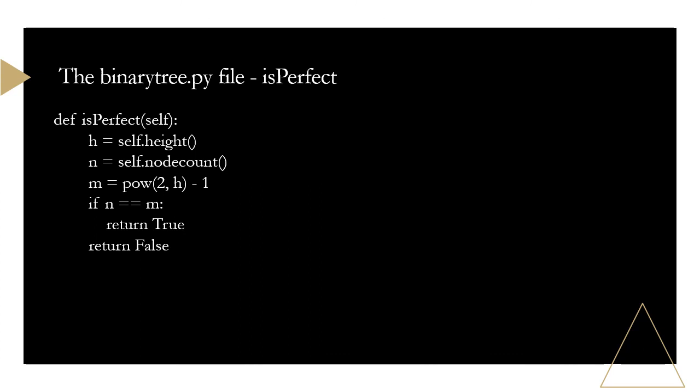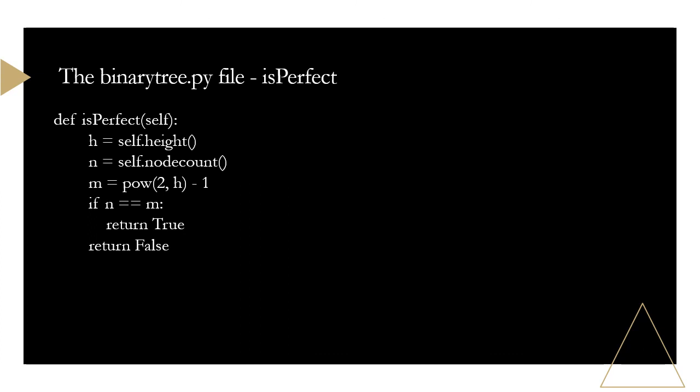Here we first call the height function, which gives us the height of the tree. Then we call the node count function, which gives us the number of nodes. Then we calculate a value called m, which gives us the number of nodes from the formula.